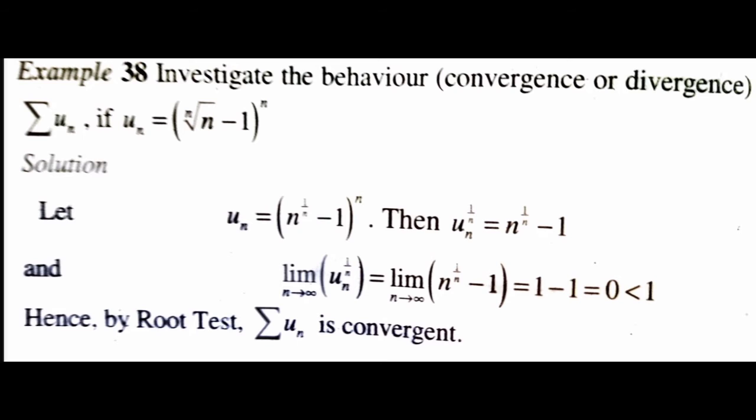Then un raised to 1 by n equal to n raised to 1 by n minus 1, and limit n tends to infinity un the whole raised to 1 by n equal to limit n tends to infinity n raised to 1 by n minus 1, that is equal to 1 minus 1, which is equal to 0. We know that 0 is less than 1. Hence, by root test, sigma un is convergent.